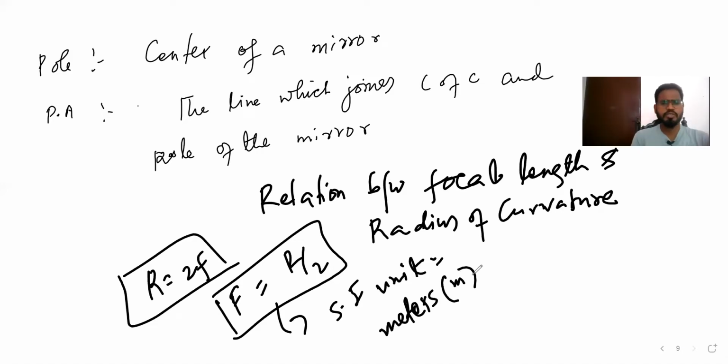These are the basic terms. So what are the things there? First, center of curvature. What is center of curvature? The center of a big sphere from which the mirror is a part. Then we learned the radius of curvature, the radius of a big sphere from which the mirror is a part. Next, principal axis, the line which joins the center of curvature and the pole.